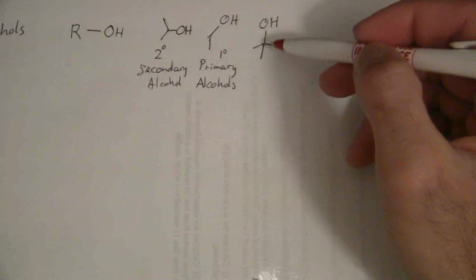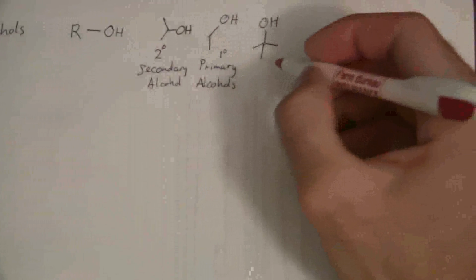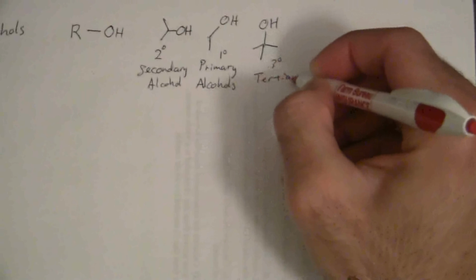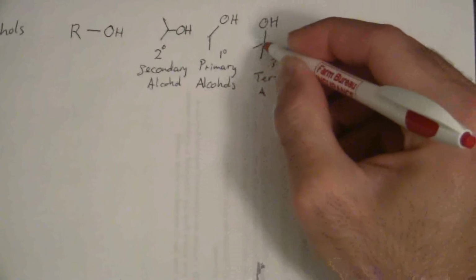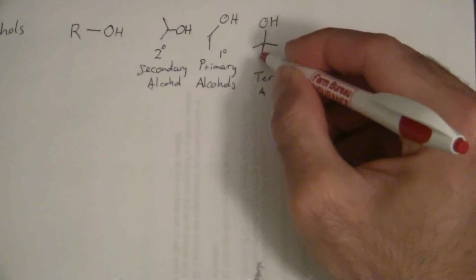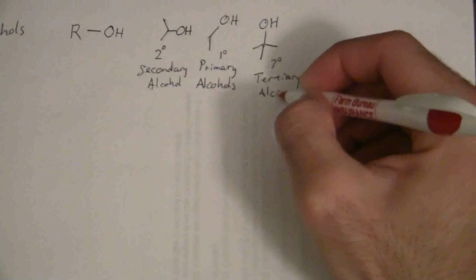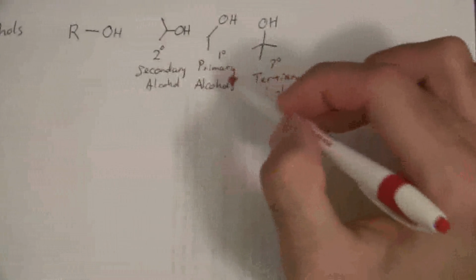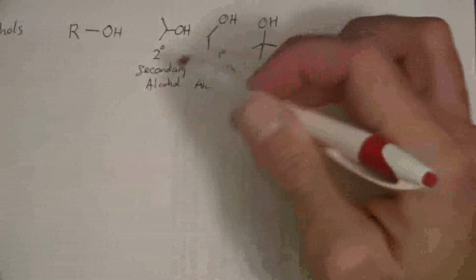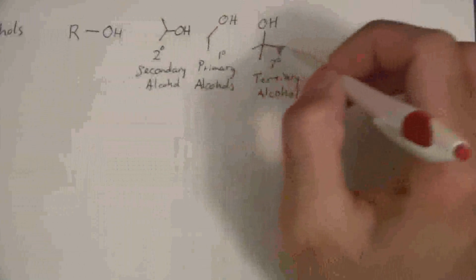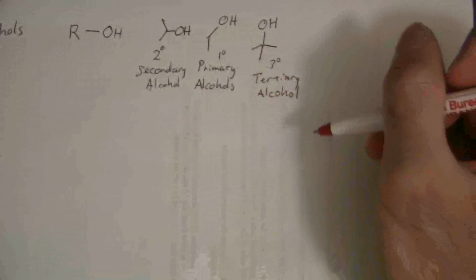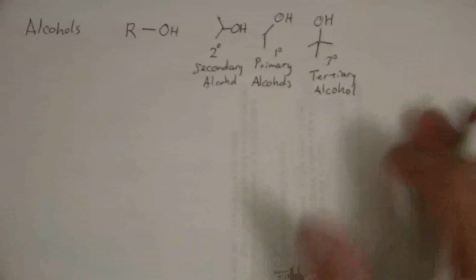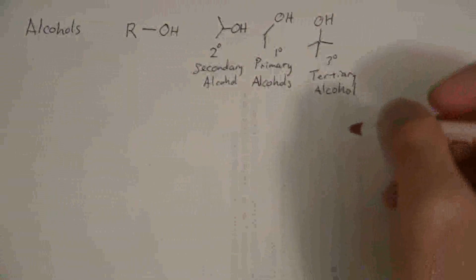And then this one, you guessed it, is the tertiary alcohol. Tertiary is where that carbon is connected to 3 other carbons. So the primary, secondary, and tertiary designations apply to alcohols as well as amines, but none of the other functional groups that we have looked at will utilize that designation.